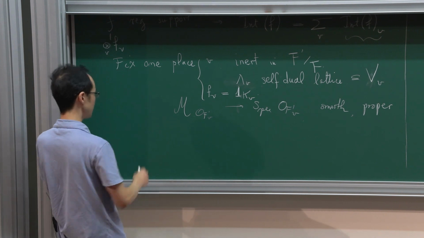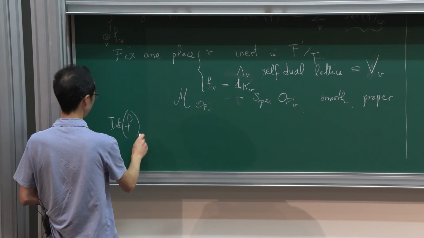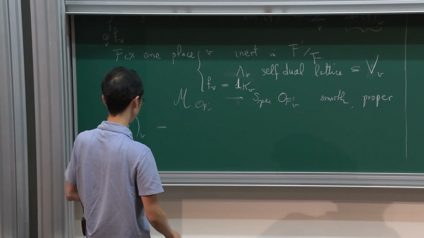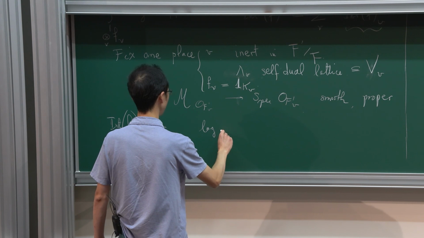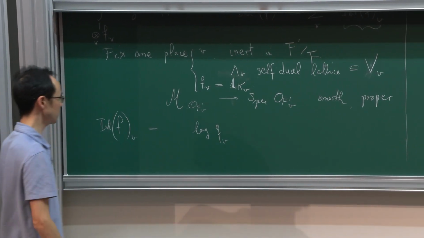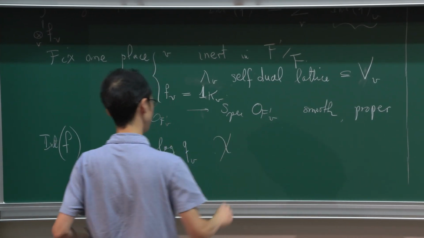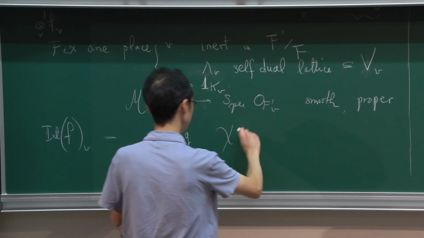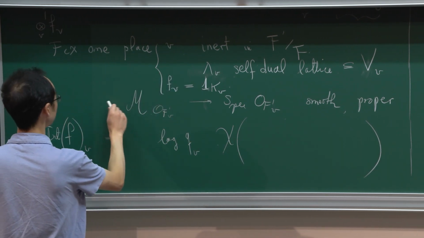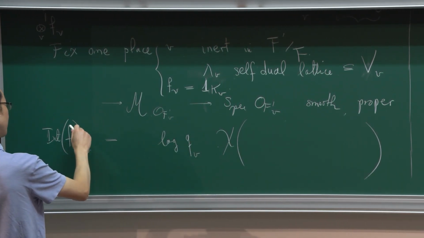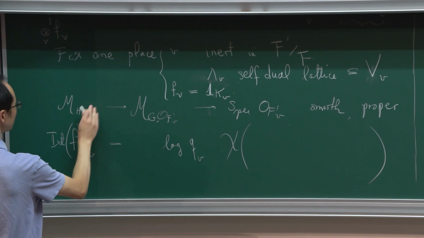So then I have the cycle as well. So in this case, Int(f_v) can be interpreted as, by definition, log q_v, the residue cardinality, times an Euler characteristic, chi. So I'm just writing down the definition. Let me write the cycles as M_G, M_H. The cycle is called M_H.